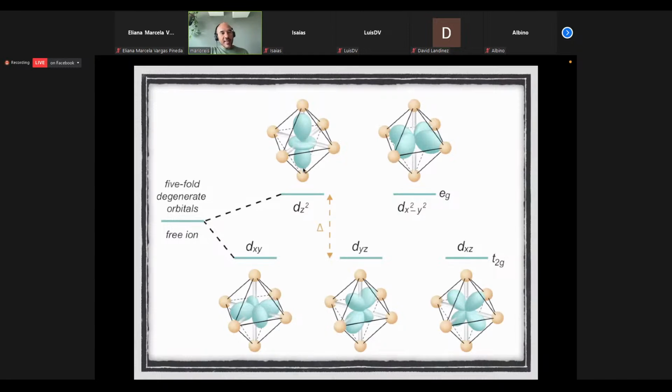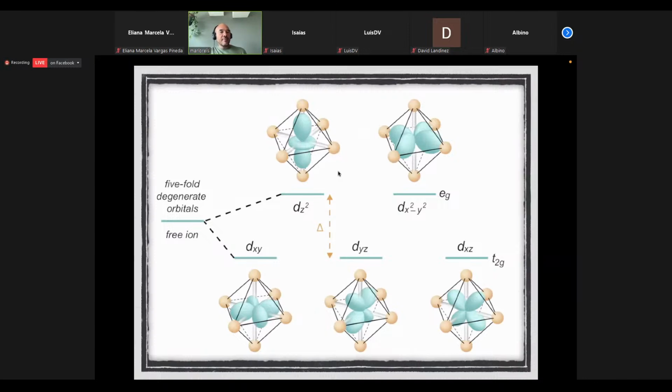The consequence of that is that the electrostatic repulsion is much bigger than the orbitals of these three orbitals at the bottom. These three orbitals at the bottom, named as T2G, are aligned out of the axis, and the electrostatic repulsion is much smaller than these two orbitals at the top.